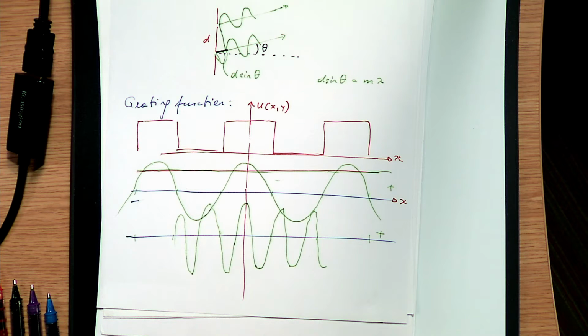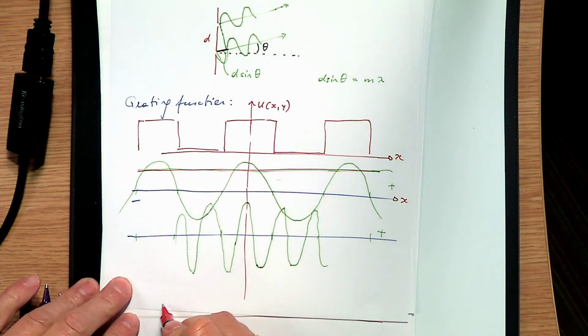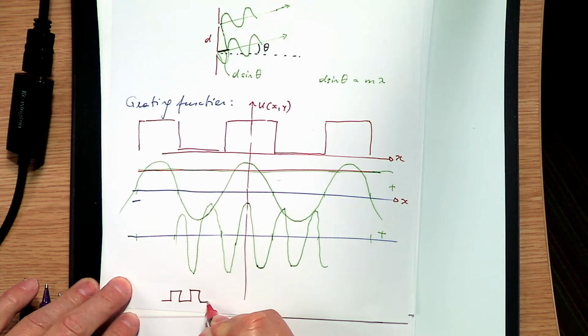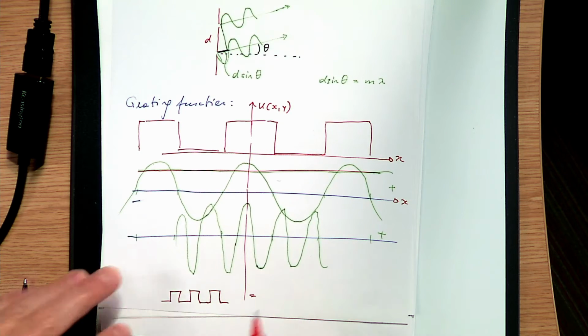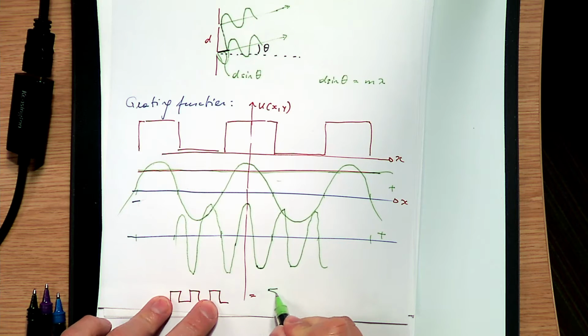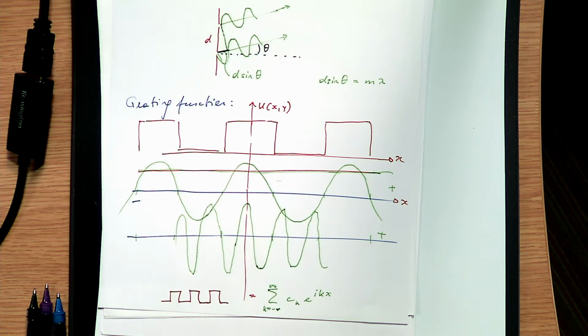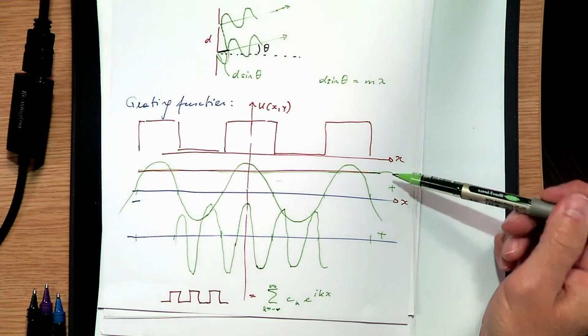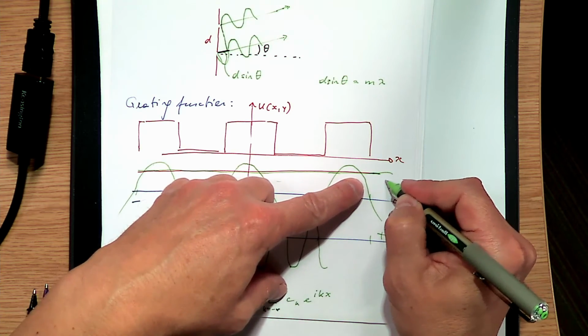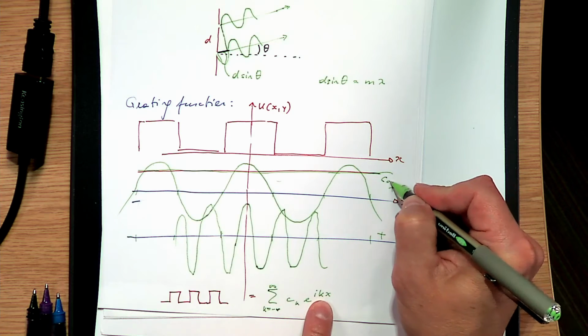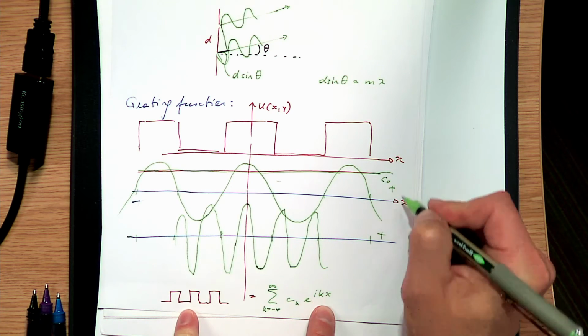Because of course this original function is given by the sum of c_k e to the i k x, where k goes from minus infinity to infinity. This would be c naught, and k would be naught, so you just have a DC term.